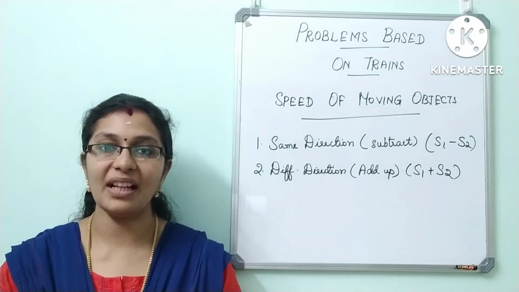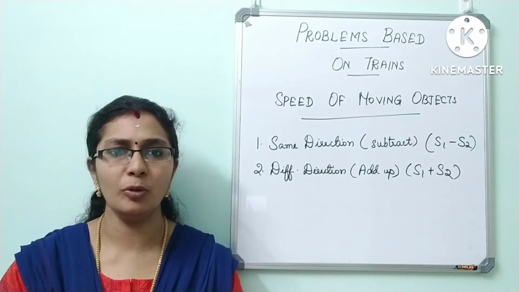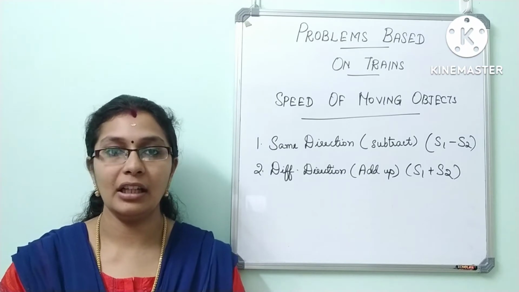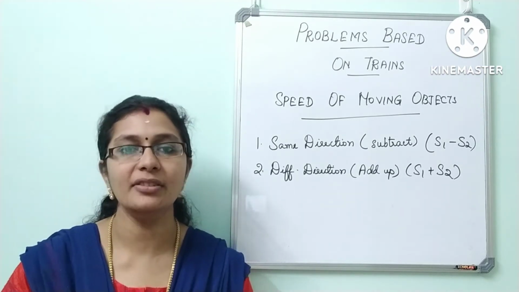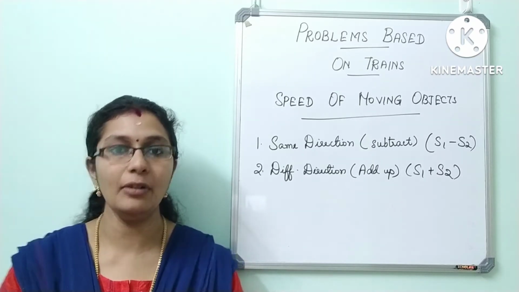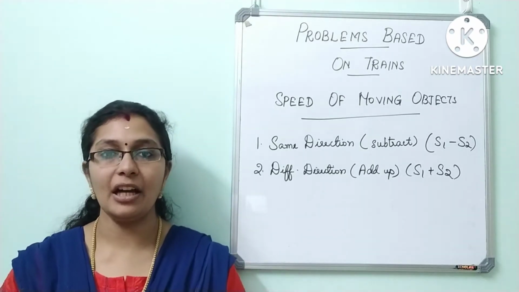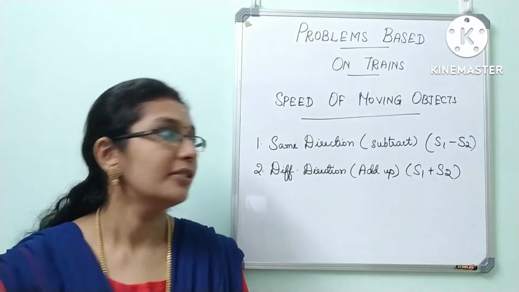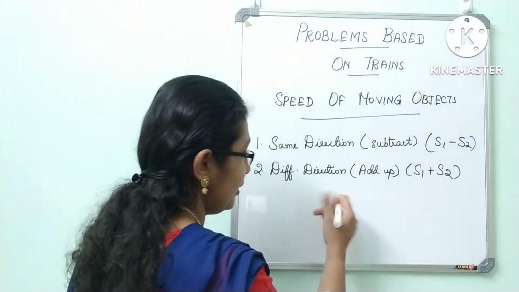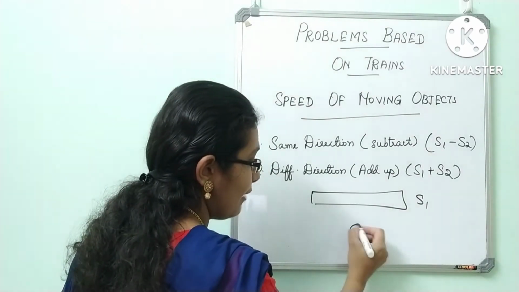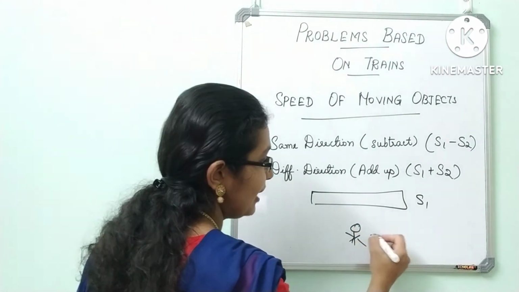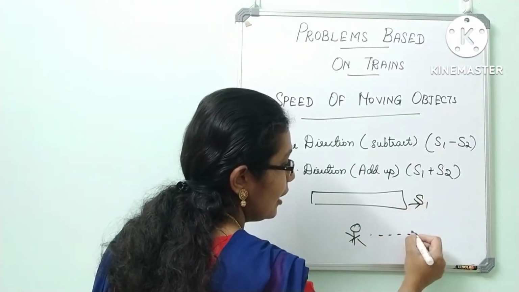Now consider moving objects. What all will move? Man will move. Then train will move, right? Balance all are stationary objects. So for man and train, if they give speed, how it will be, we'll find. So let us consider a train with speed S1, and you have a man who is moving in the same direction as the train.